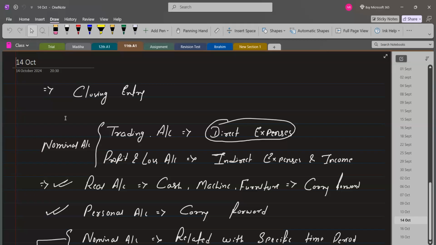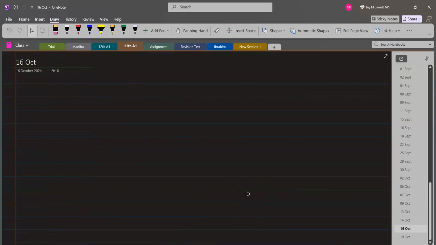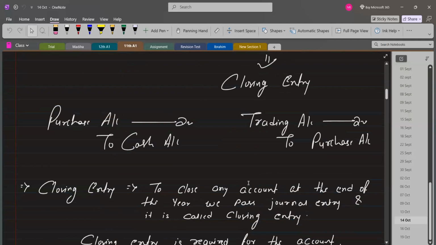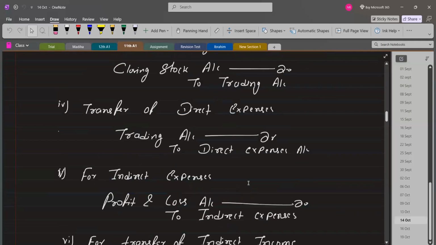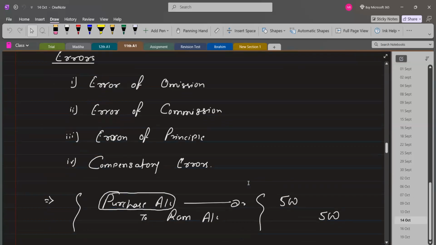Yes. Okay. So we will write these things actually using entries. These are the errors, omissions.